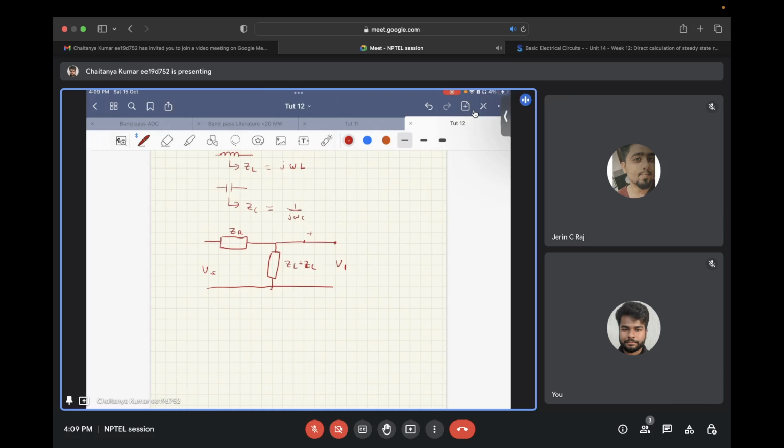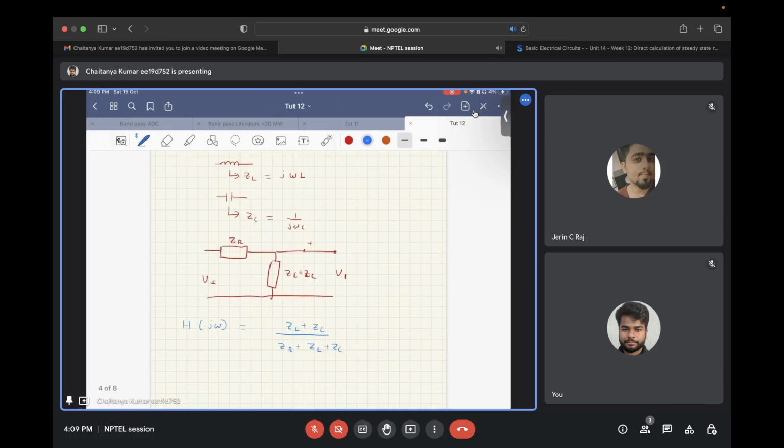Now in this question, again, the transfer function will be found out by impedance divider, and H of j omega will be equal to ZL plus ZC divided by ZR plus ZL plus ZC.